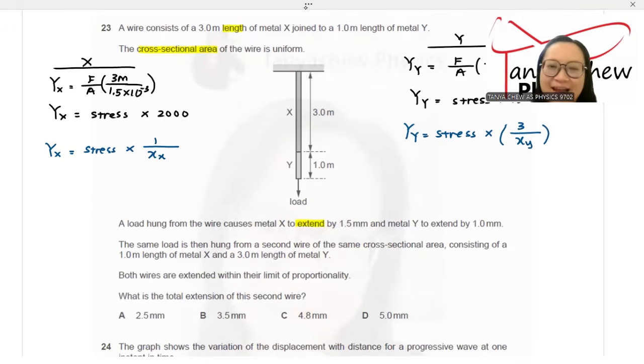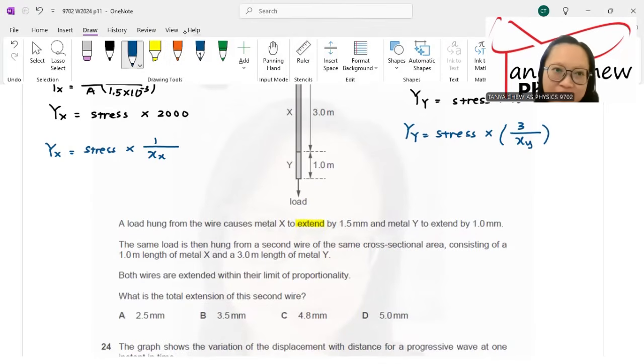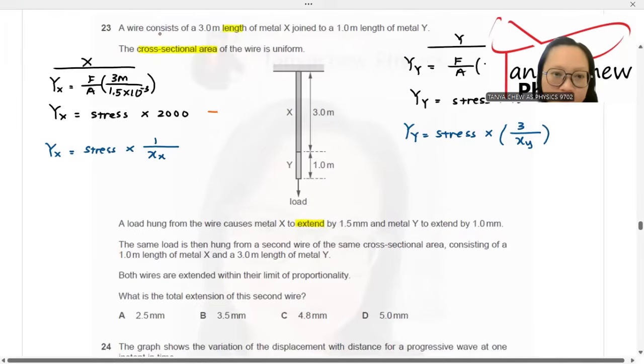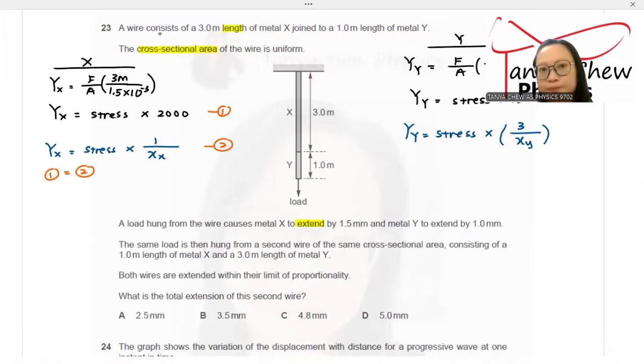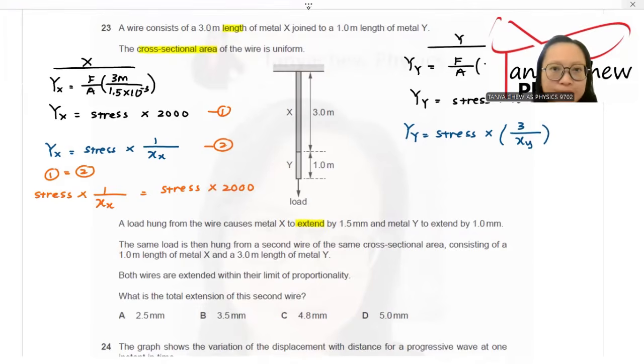Now, okay, X and Y cannot be compared because they are made of different materials. I am going to compare X and X. Equation 1 is equal to equation 2. Now, stress multiplies by 1 over extension of X is equal to stress multiplies by 2,000.